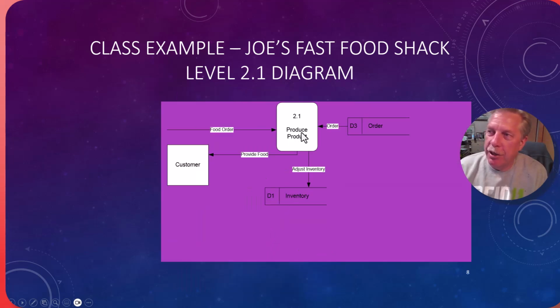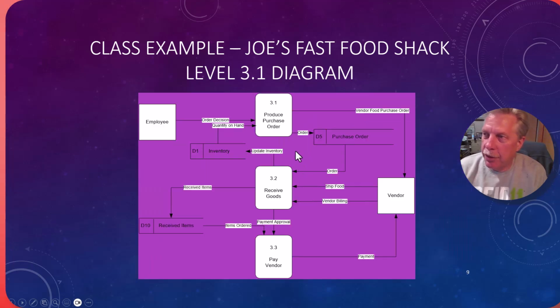If we look at level 2, we don't really break that down. It's just got the one piece, but we now have more details for some of the data stores that we want to keep track of, our orders, as well as reducing our inventory as we produce the product. For level 3, we're breaking that down into produce purchase order, receive goods, and then pay the vendor.